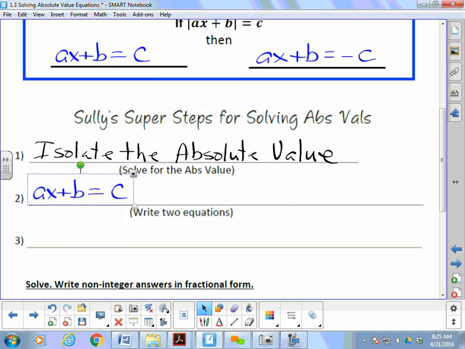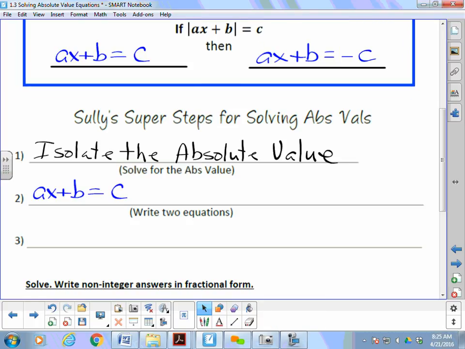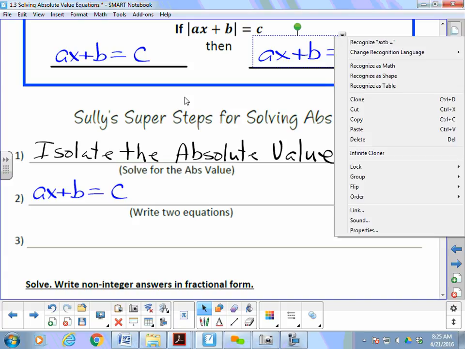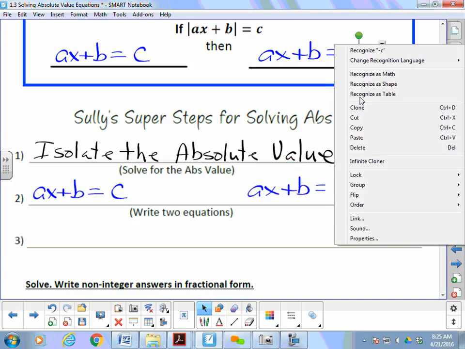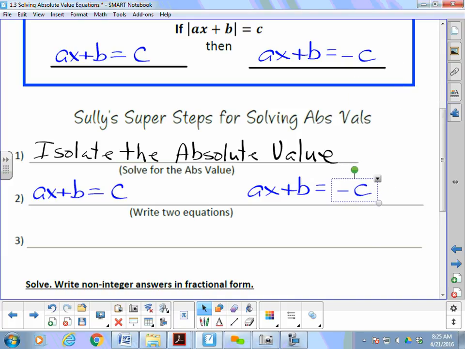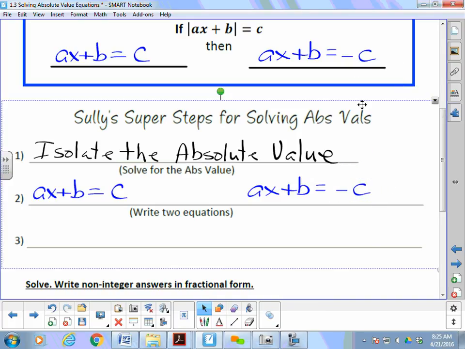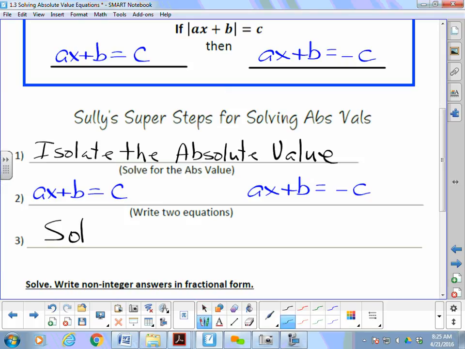Write it as a positive, and as a negative. And then we will solve from there.